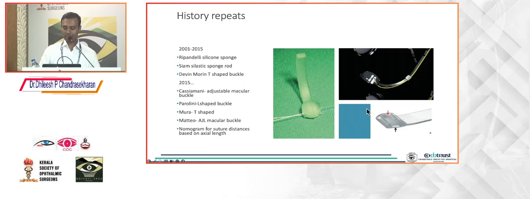This is the Devin Moran design that we commonly see in India, and this one is the AJL macular buckle, which is the latest, which has a groove for a fiber optic cable to go in so that you can see the transillumination for adequate positioning of the buckle. And there are also nomograms for the suture positioning based on the axial length of the patient.